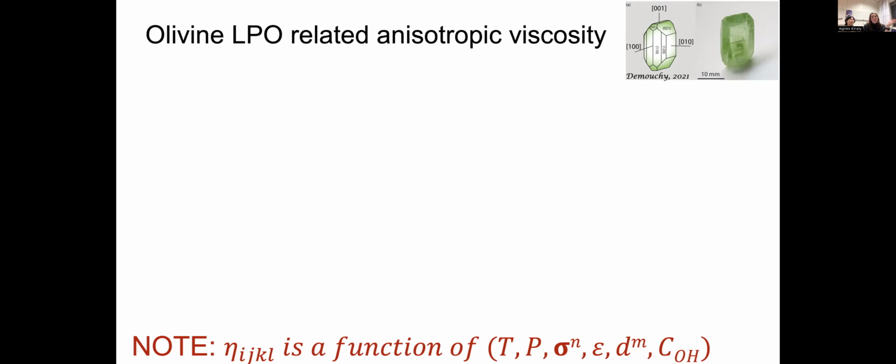But the most important part is that anisotropic viscosity is not as strong when you have a weak texture versus when you have a strong texture. So when many of the olivine grains are aligned, then it has a huge effect on shearing along the easy slip texture versus across it.